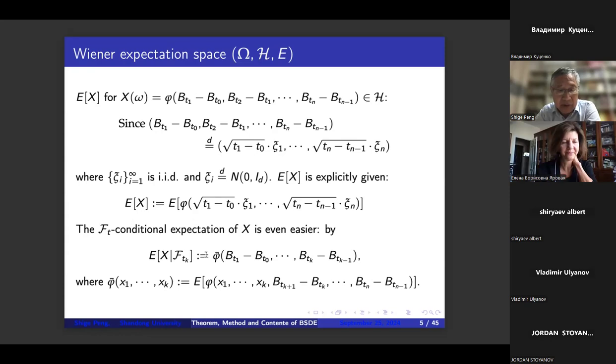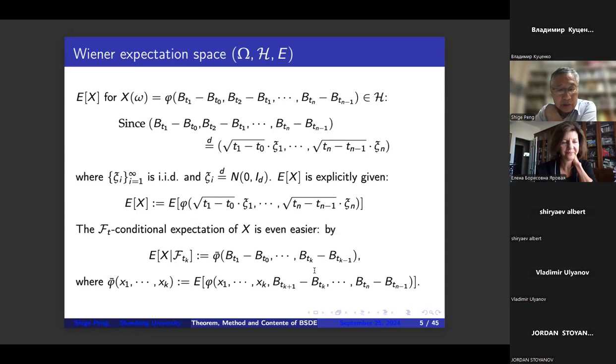We need no more calculation. We just put x1 to be B_t1 minus B_t0, till xk to be B_tk minus B_tk-1.